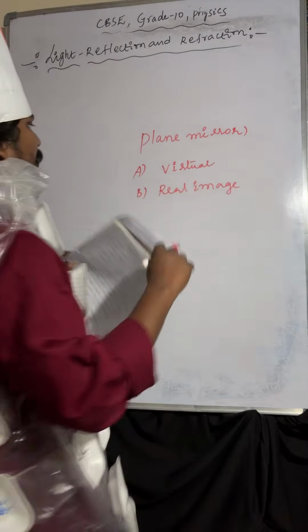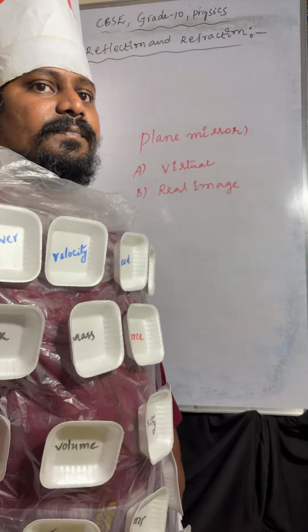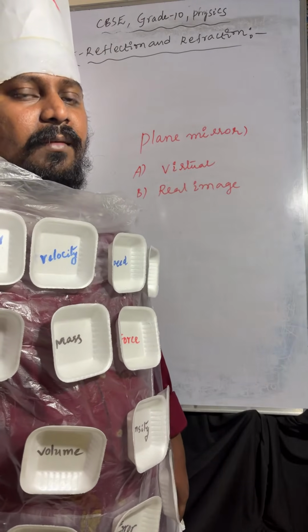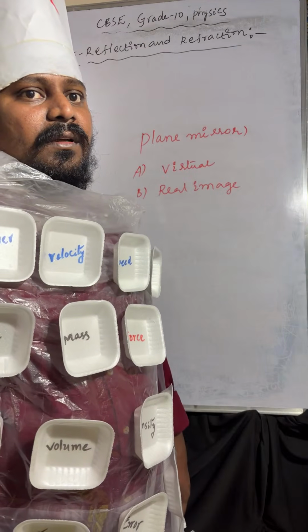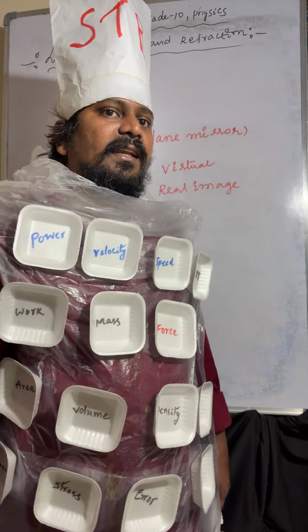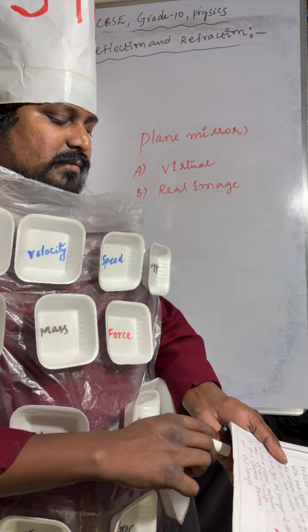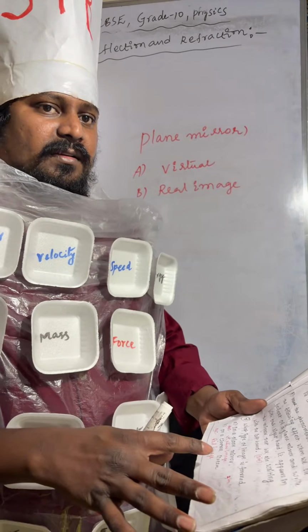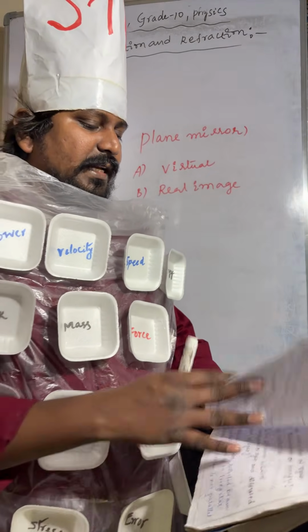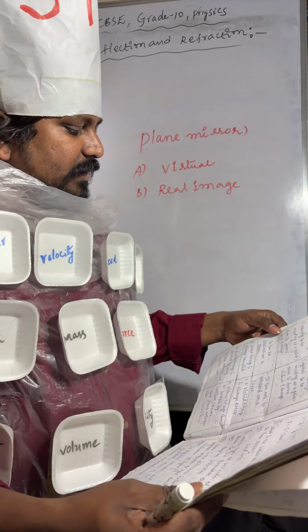Which image will form on plane mirror, option A or option B? Virtual image or real image? What type of image is formed on plane mirror? So answer is virtual image. Okay, next one.